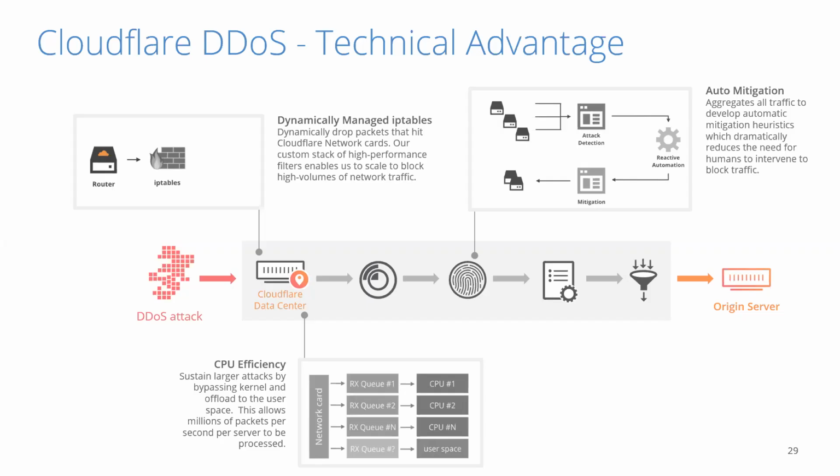Because maybe this is a new type of attack, and Cloudflare recognizes that this is a new type, and we use the dynamic IP tables to add this new policy into our database. However, when the second, the third, the fourth instance of the same new attack comes in, Cloudflare already has these rules in place so that it will be able to protect when the other customer gets hit.